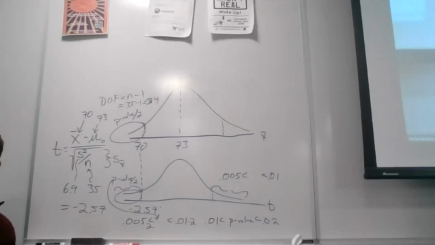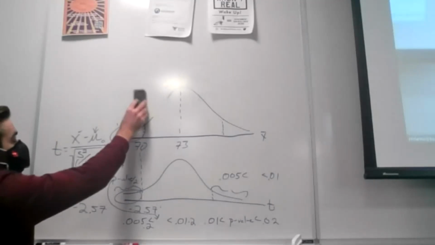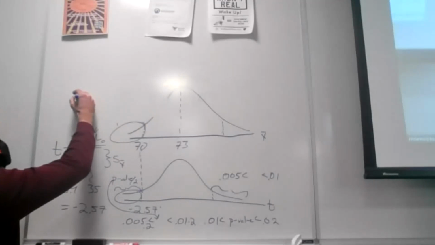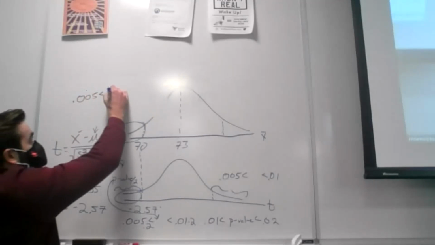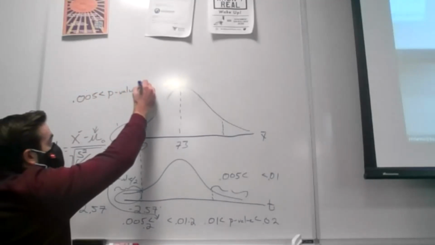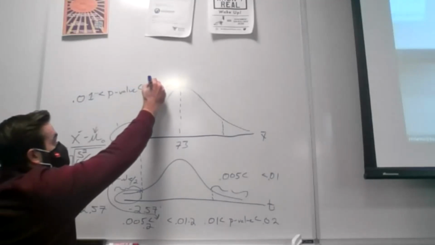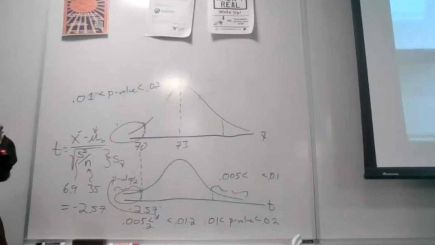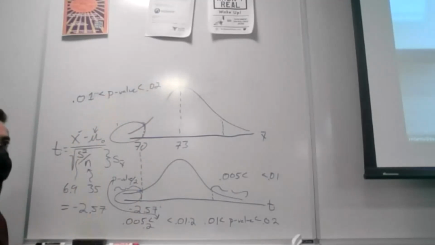I can now make my rejection decision. Okay? So we'll set this up the same way we did before. But now my p-value is somewhere in between. I multiplied these by 2, so it was 0.01 and 0.02, right? So if my p-value is somewhere in this range, is it less than 0.01?